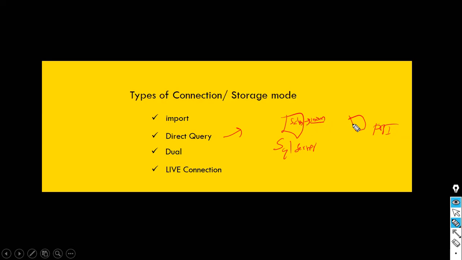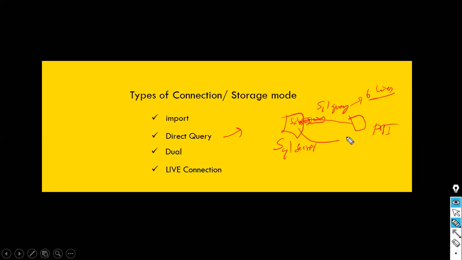So what happens is, using a data gateway, Power BI generates a SQL query, maybe 5 or 6 lines of SQL. It generates a SQL query and then sends the query to this SQL Server. Here itself, the query will get executed.